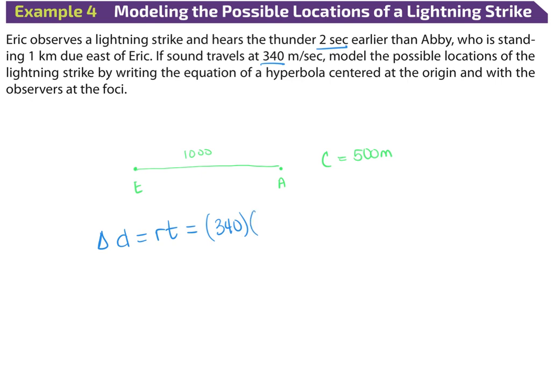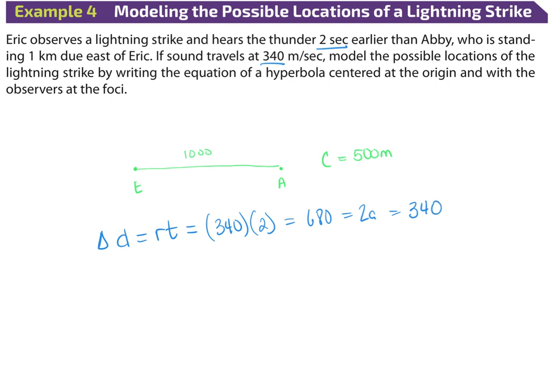So if I find my distance apart from the actual sounds, then that's going to be double my A, or my entire axis that goes from vertex to vertex. When I multiply that out, I'm going to get 680, which is twice my A. That's all the way across. My A value is from my center, so to cut that in half, my A value is going to be 340.